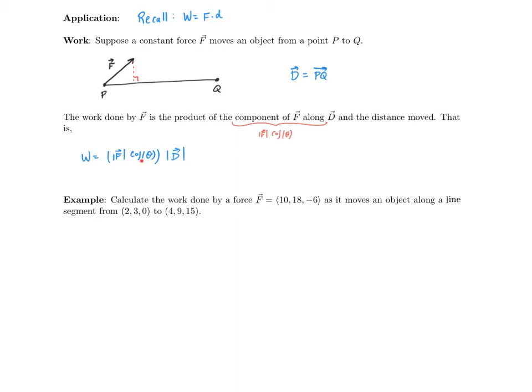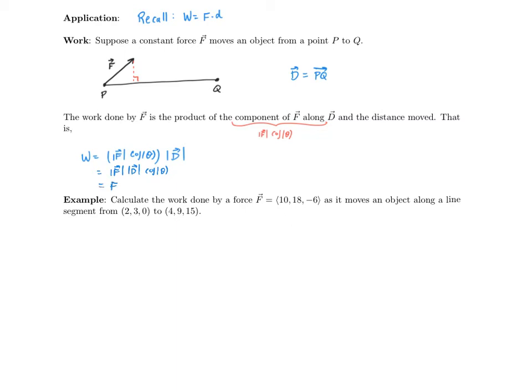Note we have three numbers we're multiplying together, and the order that we multiply numbers together does not matter. So this could be magnitude of F, magnitude of D, cosine of theta, which is precisely the geometric definition of the dot product we encountered in the first video.